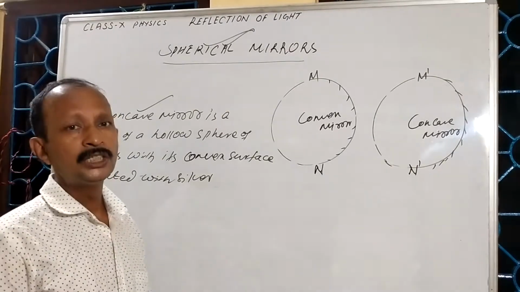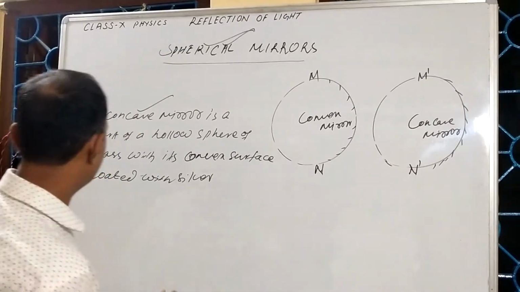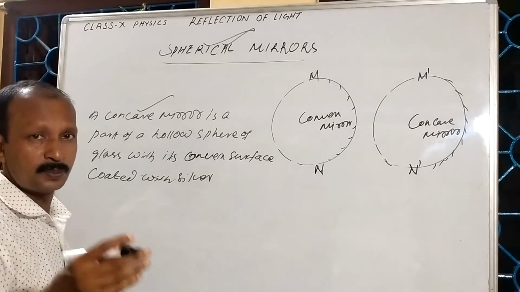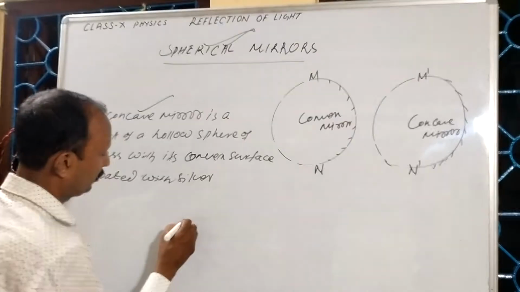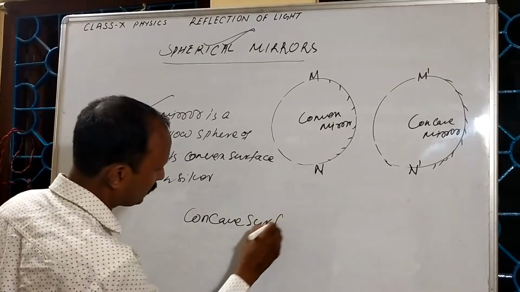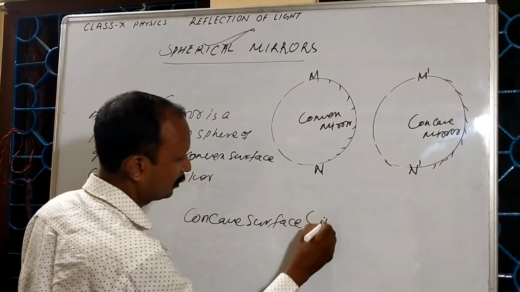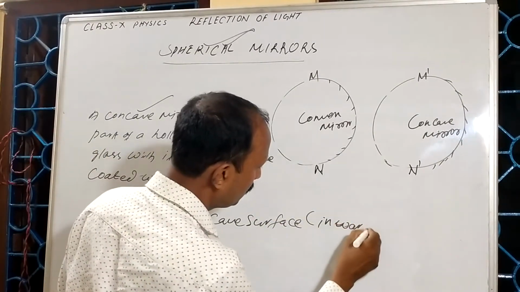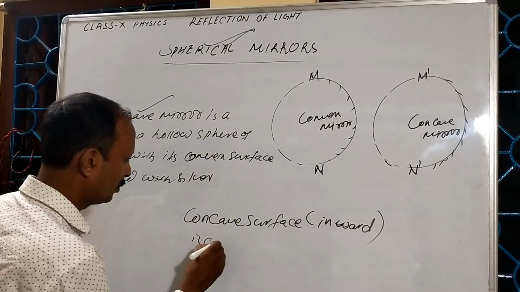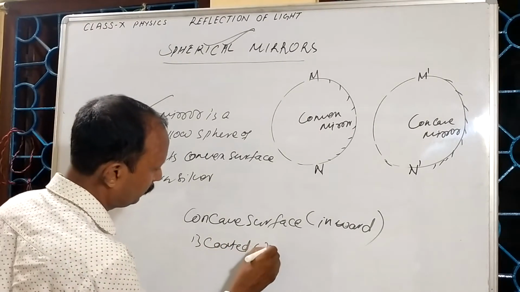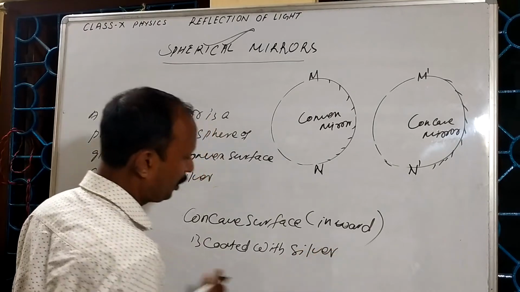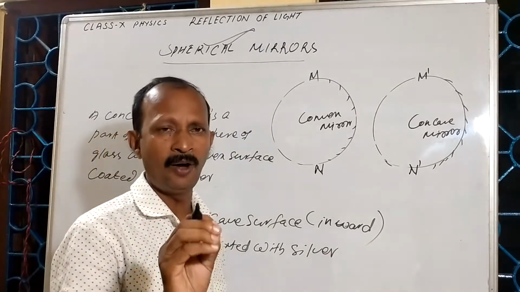Convex mirror is just the opposite. So what is the convex mirror? Convex mirror means it is a part of a hollow sphere of glass with its concave surface, meaning the inward surface, coated with silver, or you can say the inward surface is polished.